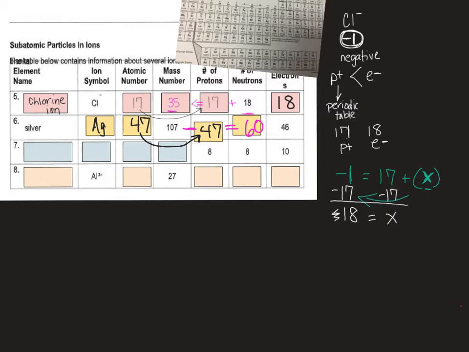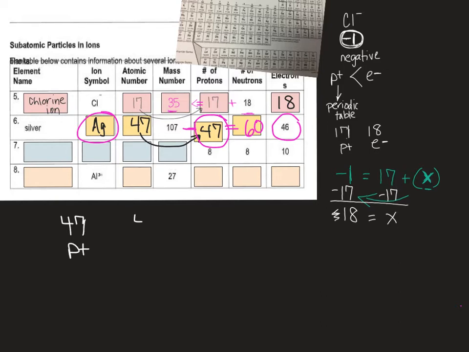Now I have to come back to our ion symbol because I need to know what the charge is. If I have 46 electrons and 47 protons, what is the charge? So slow down, write out what you've got. We've got 47 protons.